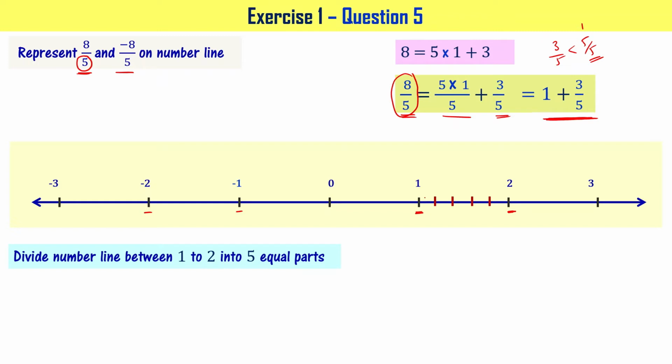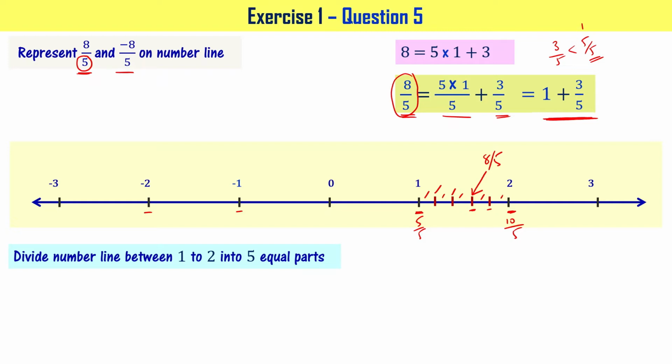This is first, 2, 3, 4, 5, right? 5 equal parts we made. 1 can be written as 5 by 5, right? 2 can be written as 10 by 5, right? It means this is going to be 8 by 5, right? This is 6 by 5, this is 7 by 5, this is 8 by 5, this is 9 by 5, and this is 10 by 5. So we have marked 8 by 5.